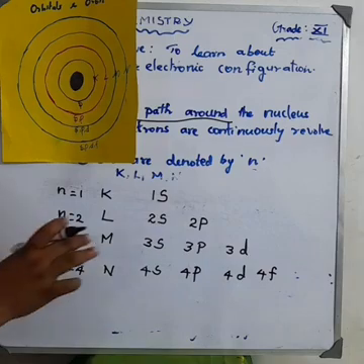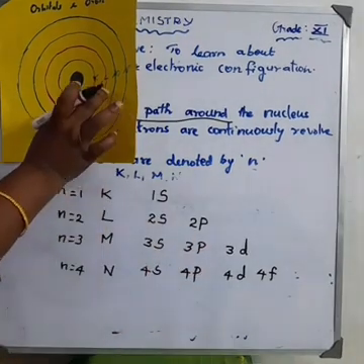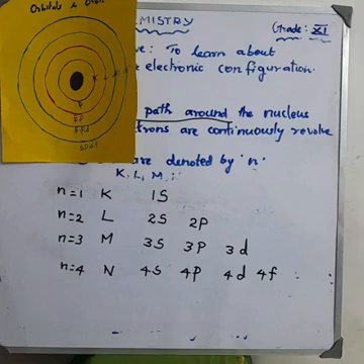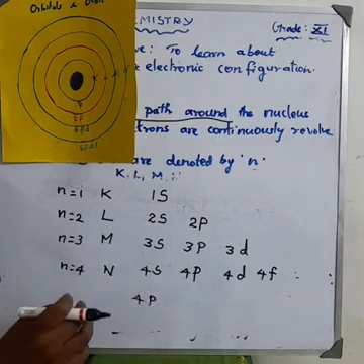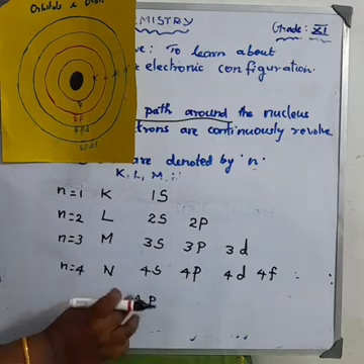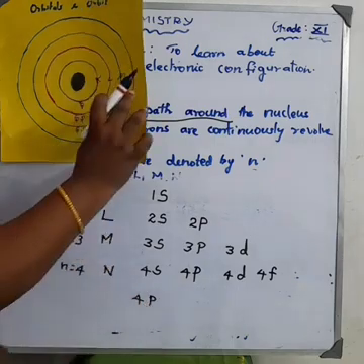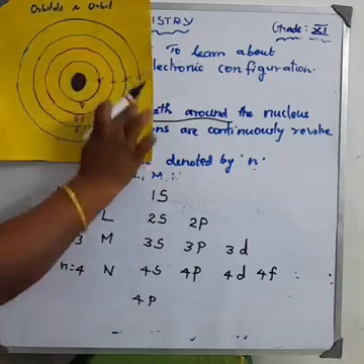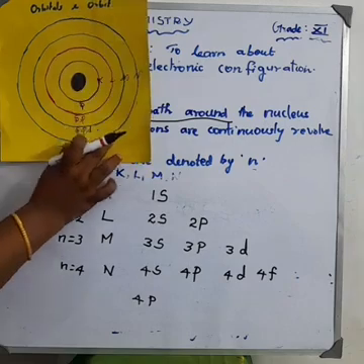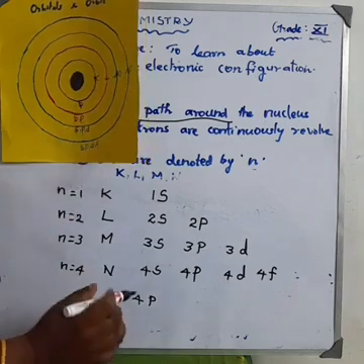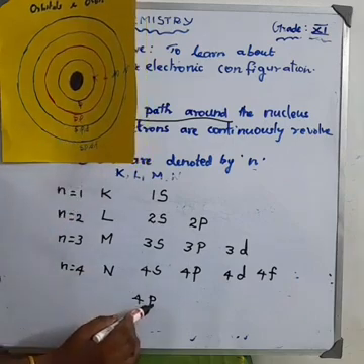Okay, these are the arrangement of electrons around the nucleus. Understand? For example, 4p means the electrons are present in the 4th orbit and which orbital?